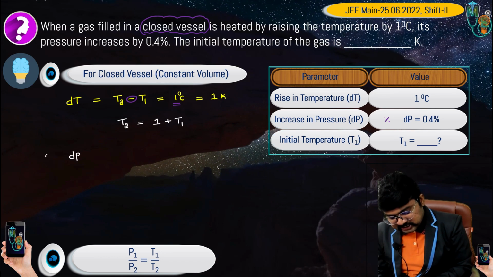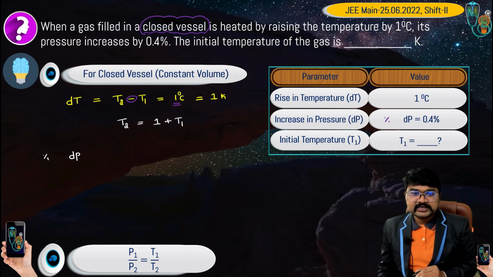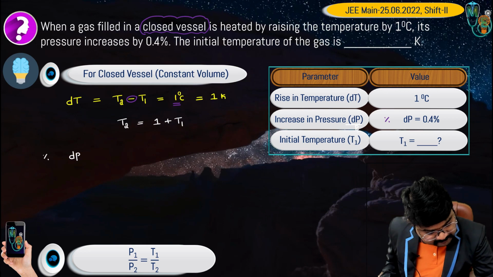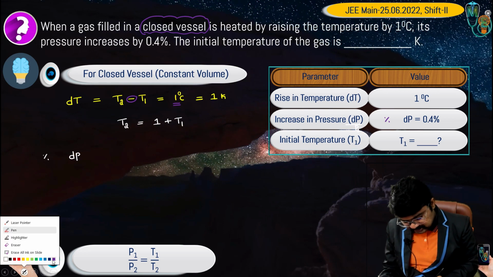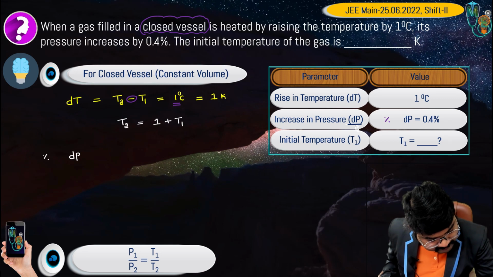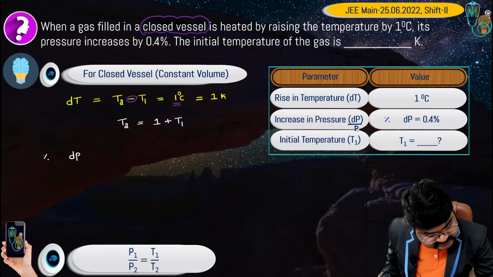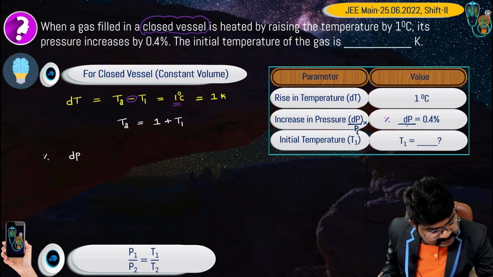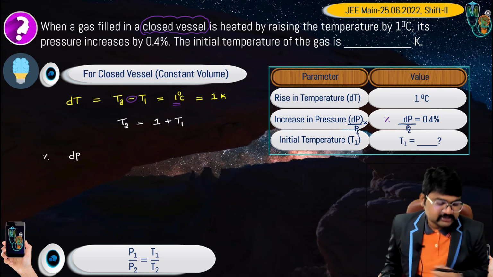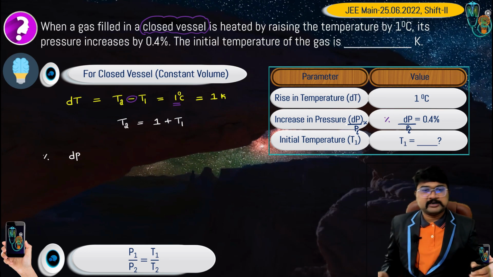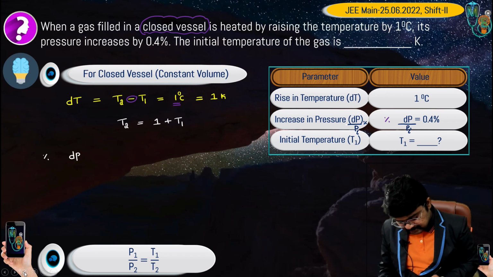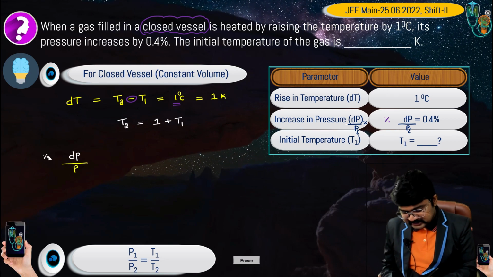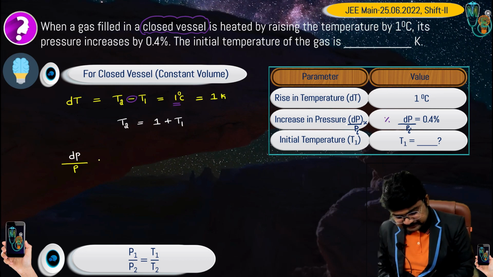What is the percentage increase? It means dP by P, that is, change in pressure by the initial pressure, dP by P initial. That is the percentage increase.